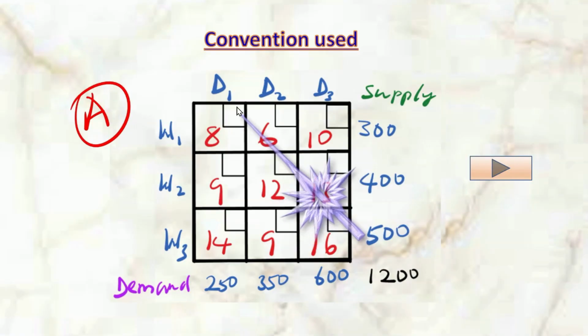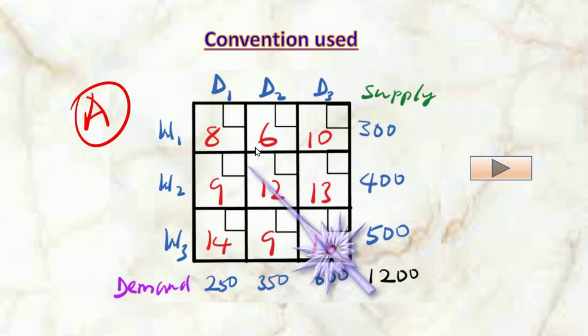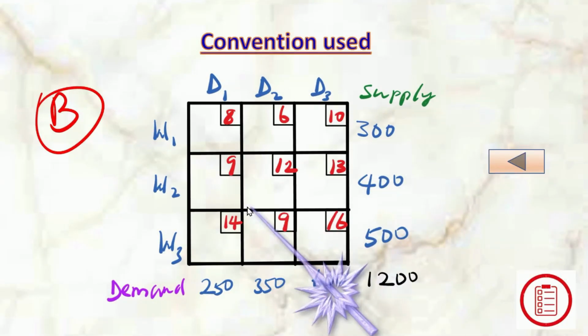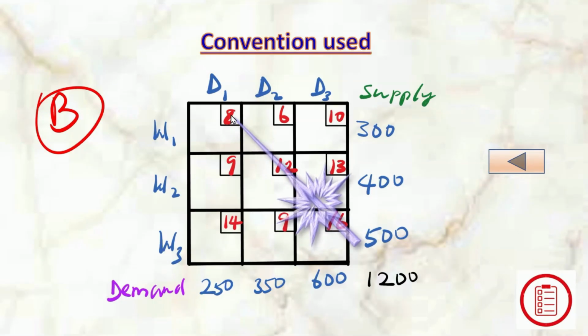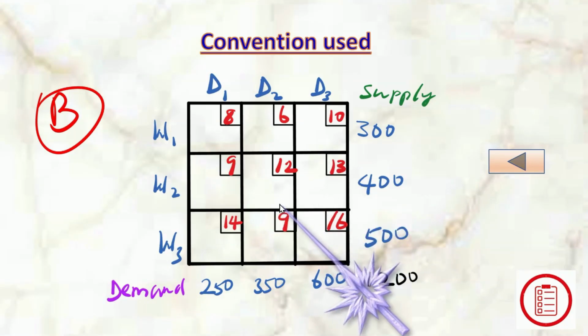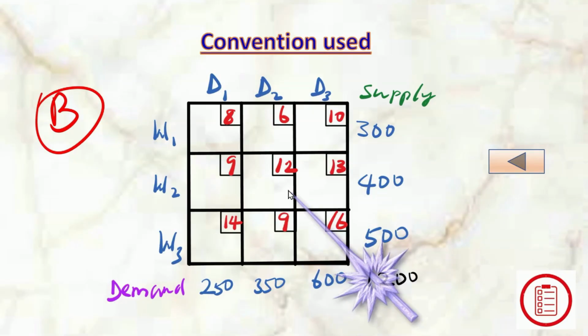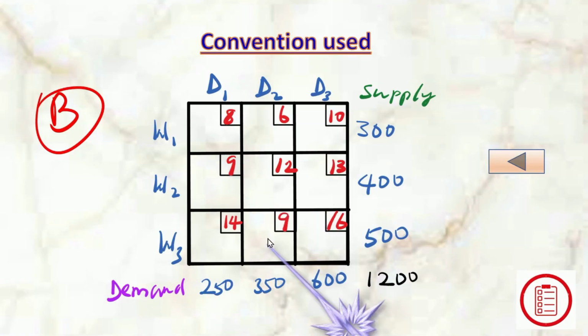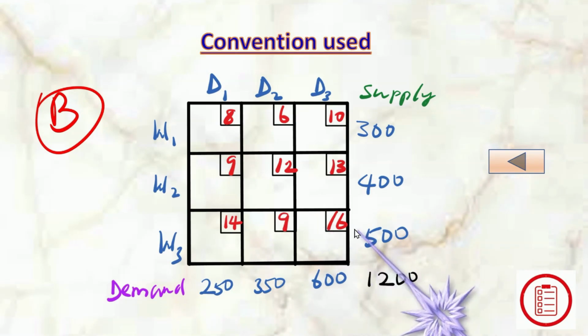While other authors write the unit cost here and write the allocation here, giving it more attention. For me, I feel this one is better, because the object of discussion is the number of items you are allocating to each cell. So I prefer to use this system, and we're going to use it in our calculation.